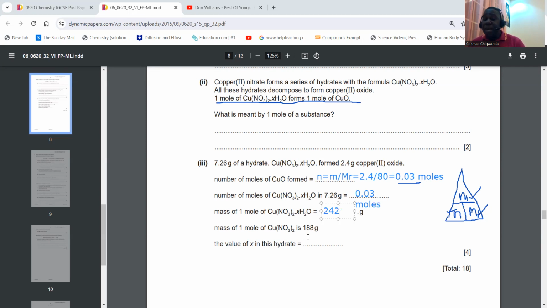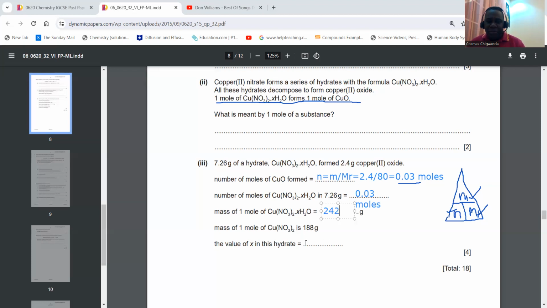So it means the mass of the whole hydrated salt is going to be 242, including water. But we have been told that the mass of the nitrate only, without water, is 188. The mass of the whole thing is 242, but the mass of the nitrate salt without water is 188. So I should be in a position to find the mass of water.